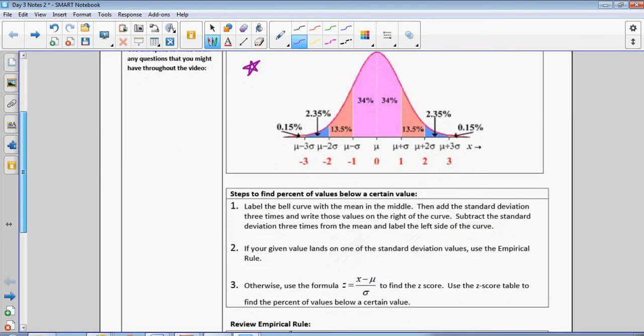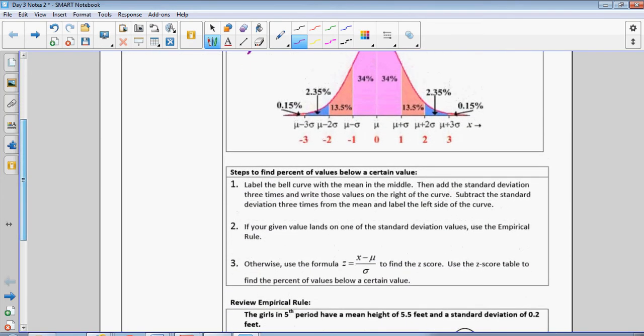So here are the steps that we used yesterday to find the percent of values below a certain value. Number 1, we labeled the bell curve with the mean in the middle, and we added the standard deviation 3 times and wrote those values on the right of the curve. Then we subtracted the standard deviations 3 times from the mean, and we labeled those values on the left side of the curve.